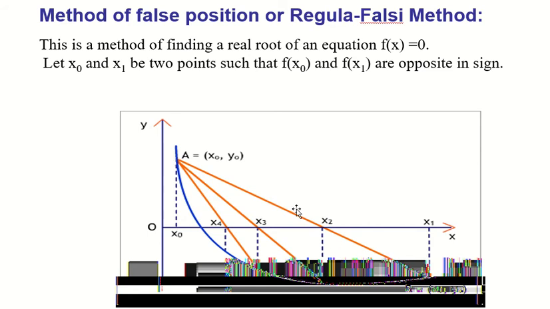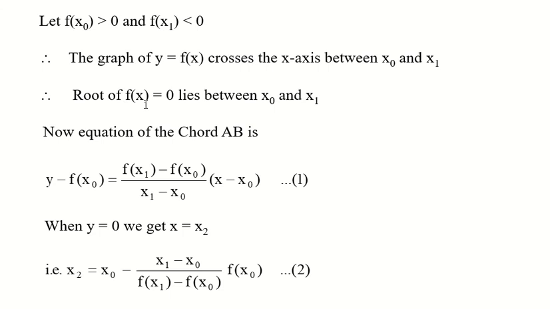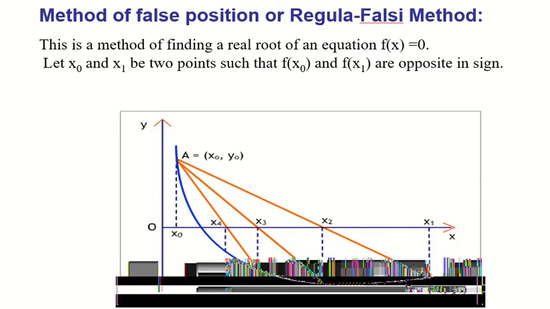So definitely the root lies between x0 and x1, somewhere here, right? So we shall name it as x2. The root of f of x equal to 0 lies between x0 and x1.